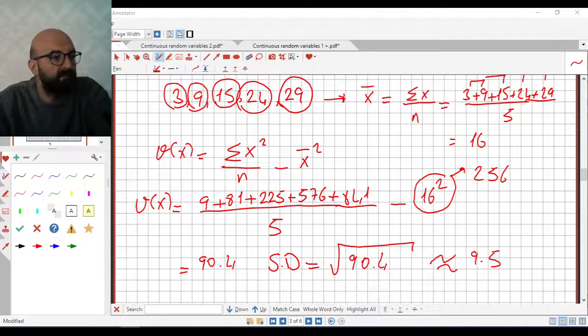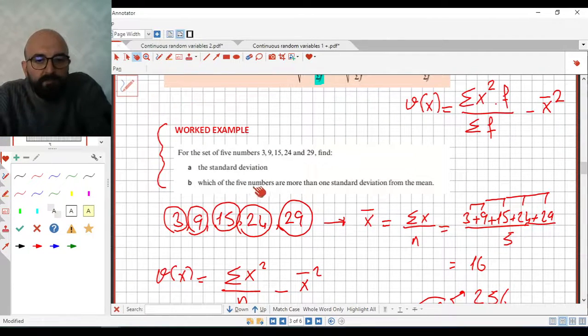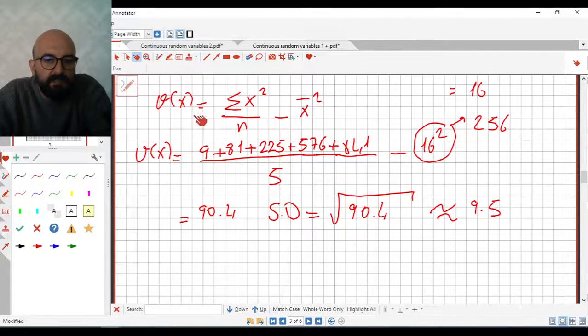We found this section, and the other question is: which of the five numbers are more than one standard deviation from the mean? Our mean is 16.